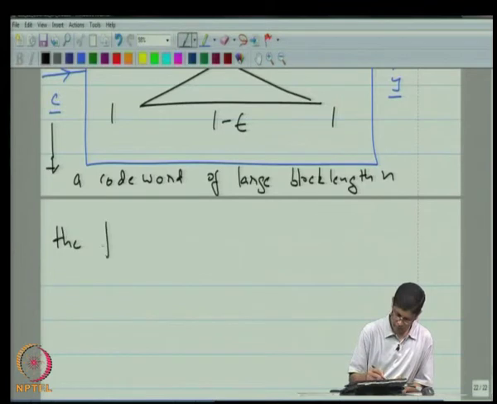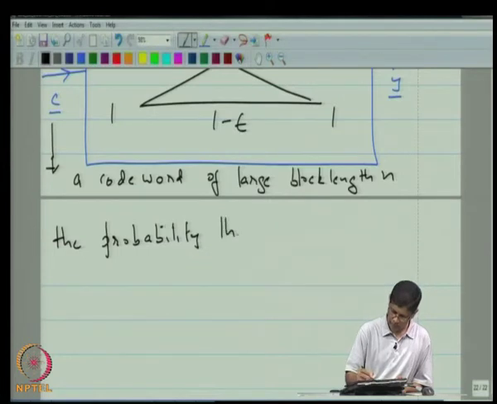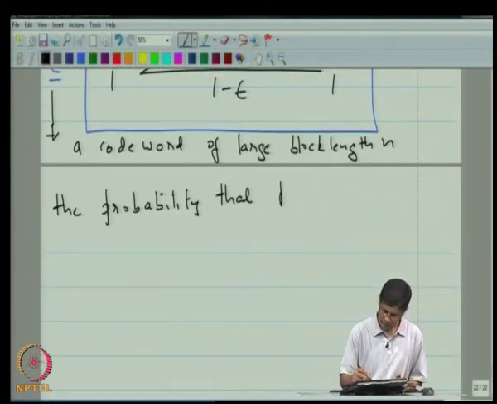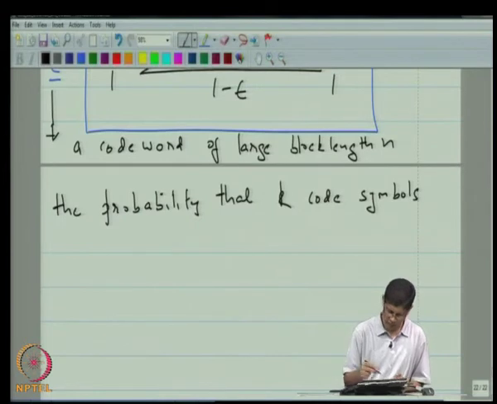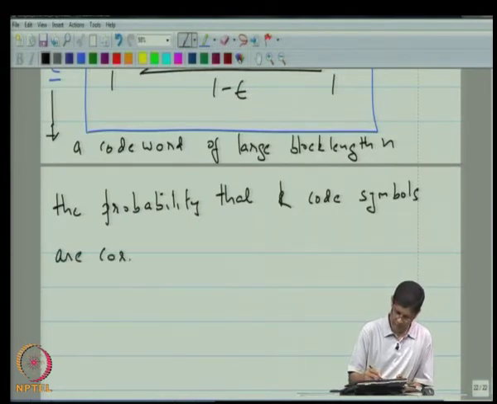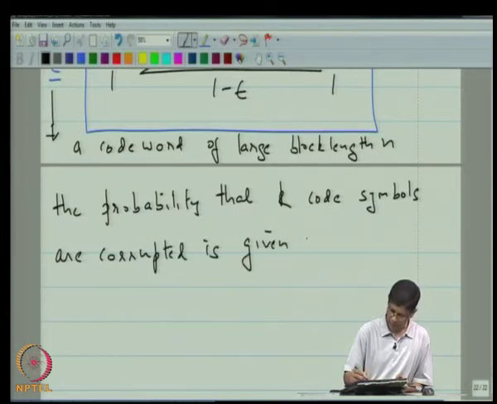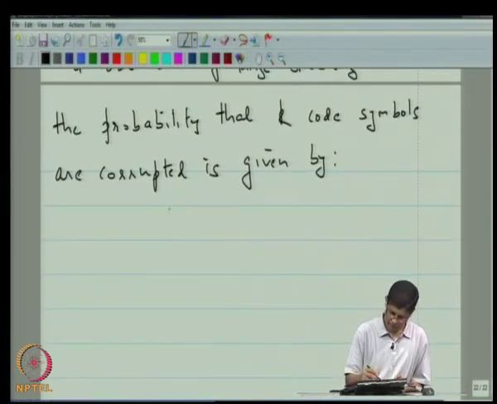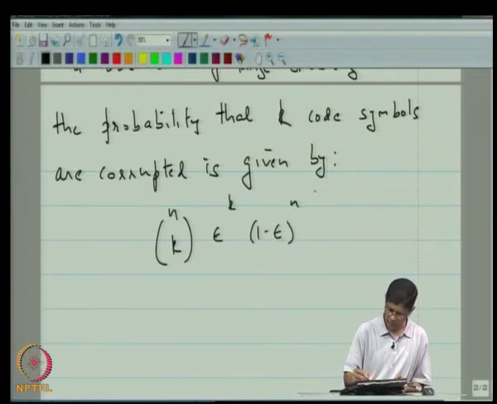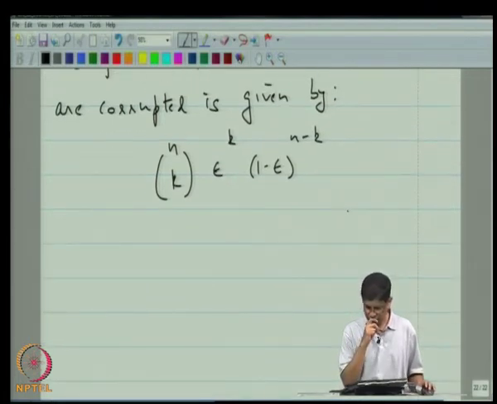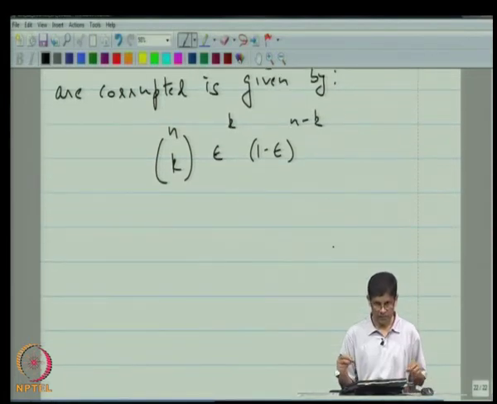Okay. So, the probability that k code symbols are corrupted is given by n choose k, epsilon to the k, 1 minus epsilon to the n minus k, and we know that. Now, this comes from the binomial distribution.